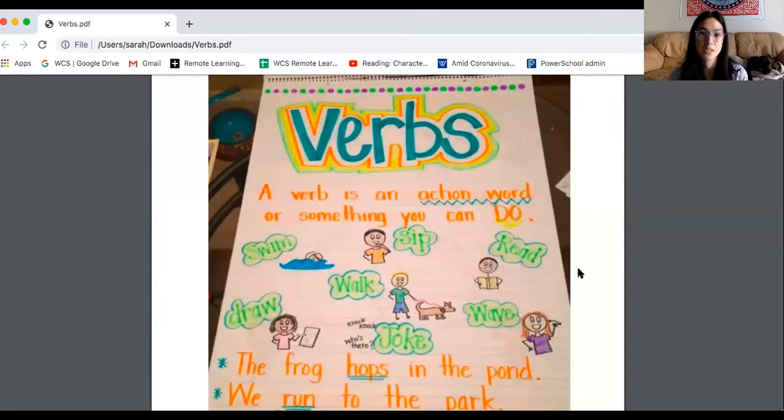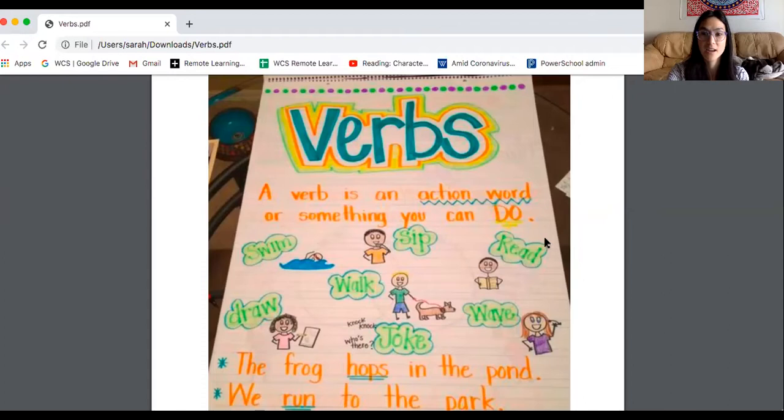An example is swim, or sip, or read, or draw, or walk, or joke, or wave. Those are all action words because they're things that we can do. I can take my cup of coffee that Miss Sarah has every single morning. I can sip it. I can read a book, or I can tell my friend a joke.